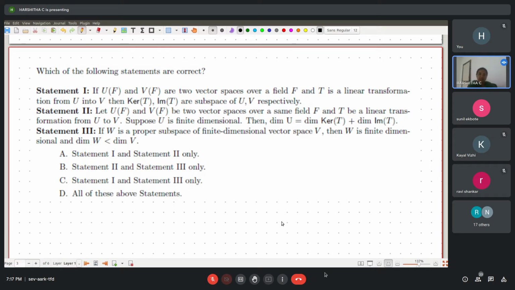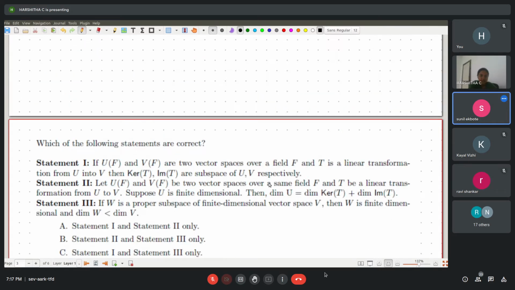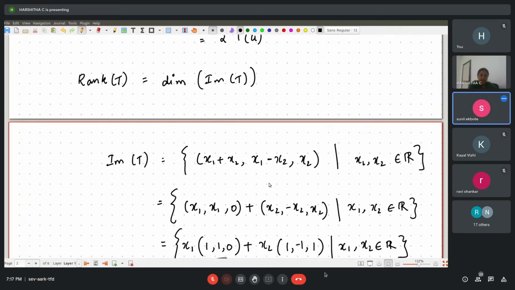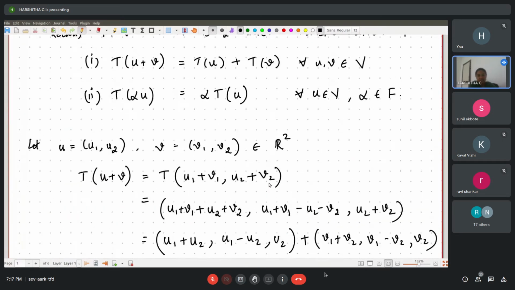Which of the following statements are correct? Is there any other method to find out the rank of T by using matrices? Yes, you can.